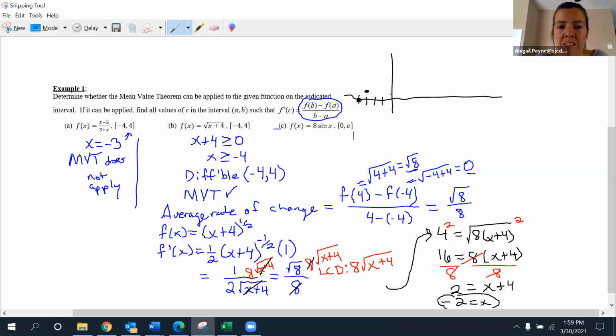If x is 0, y will be 2. So the graph of that square root function looks something like this. At 4, we get the square root of 8, which is 2 times the square root of 2, so it's around 3.